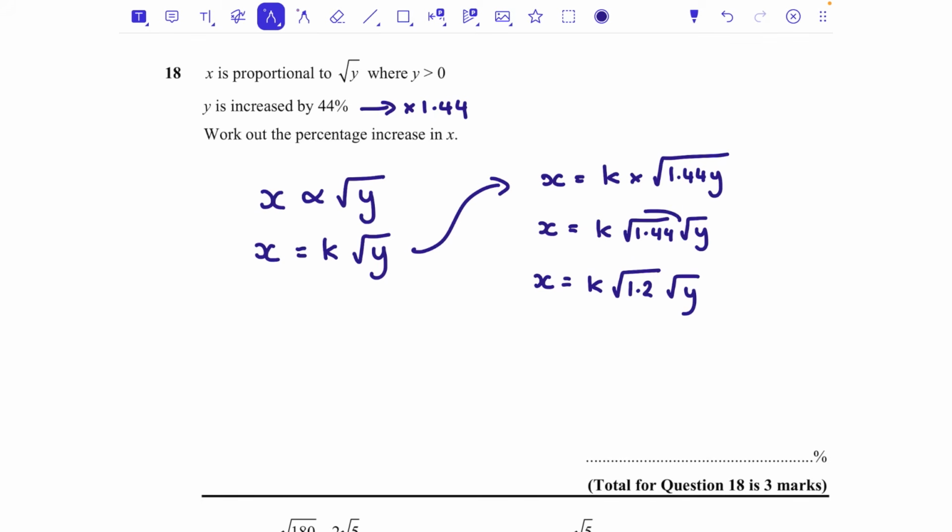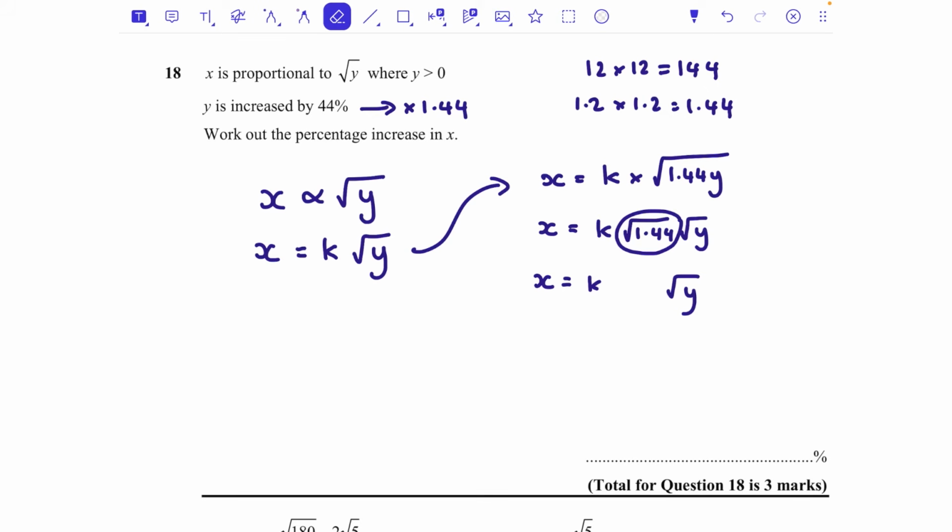The square root of 1.44 is saying something times something that makes 1.44. We know that 12 times 12 is 144. So it makes sense that 1.2 times 1.2 is 1.44. So the square root of 1.44 is 1.2.